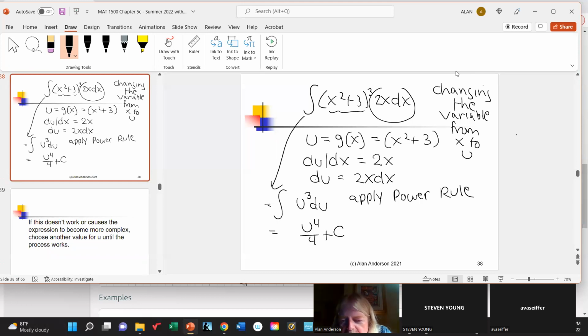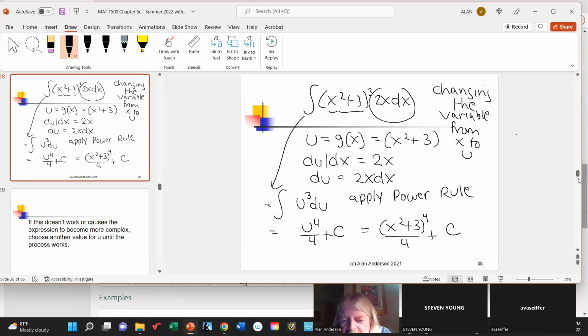But now we're not done because we need to replace the u with x squared plus 3. And we're done. Wow, that was interesting.